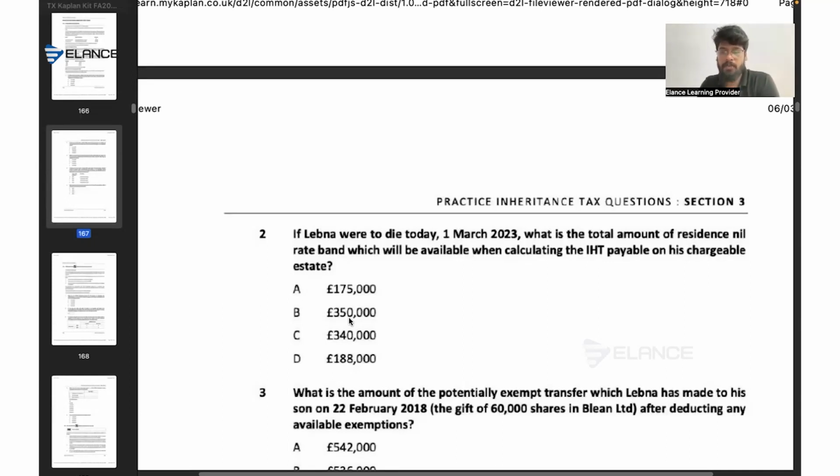For example, if the residential property has only 300,000 value, they can only use the residential nil rate band up to 300,000. They cannot use the 350. So here the available maximum is 350,000. Both partners' complete nil rate band is available.